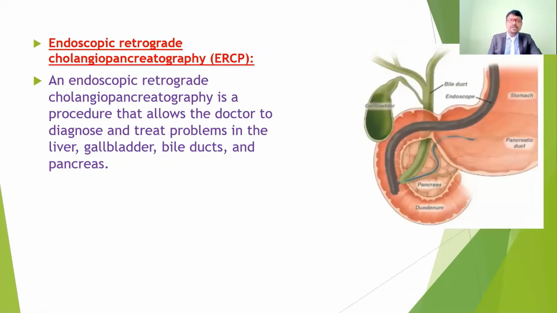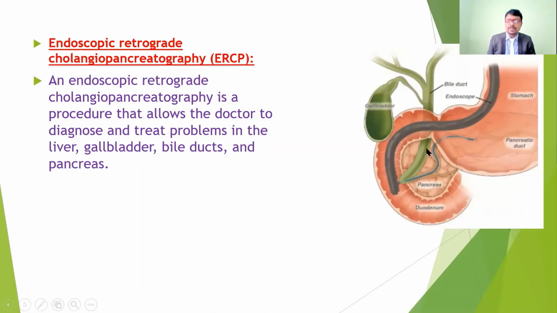The next one is endoscopic retrograde cholangiopancreatography, or ERCP. It is used especially to check for any abnormality in the gallbladder, bile duct or liver complications. Here also a small flexible tube with a camera is inserted through the stomach and the gastrointestinal system.